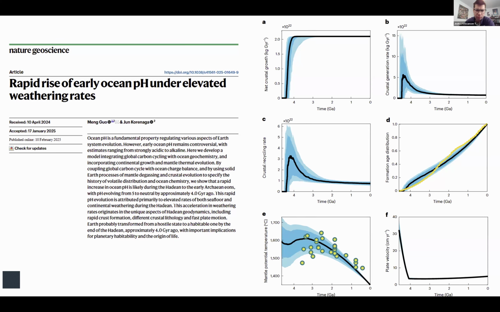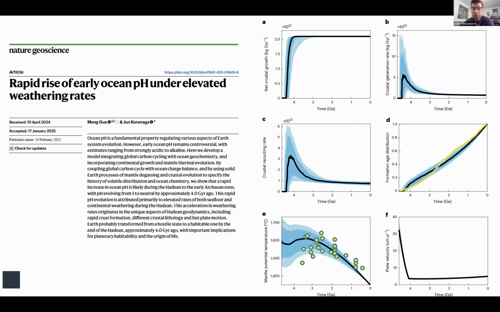And so, as you can see in these time evolution plots, you have very high net crustal growth early on that then tapers off, and that is assumed in order to fit mantle potential temperature and the formation age distribution.